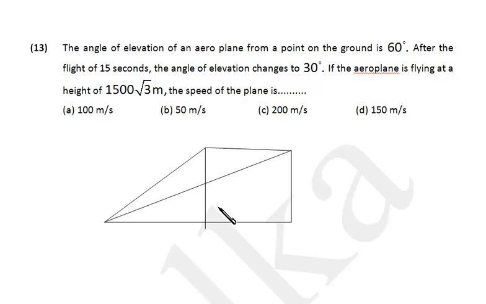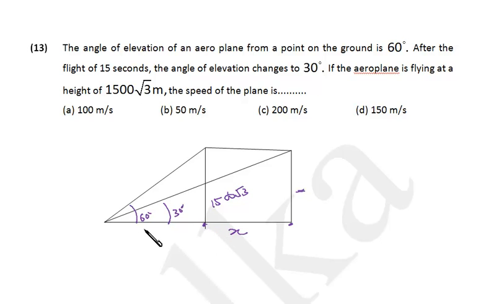So this height is 1500 root 3, the same as this, and initially the angle is 60 degree, that means this complete angle is 60 degree, and this angle is 30 degree, right? So this length we have to find out from this point to this point.